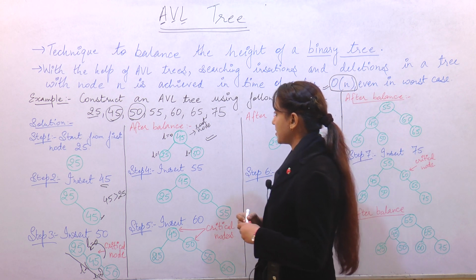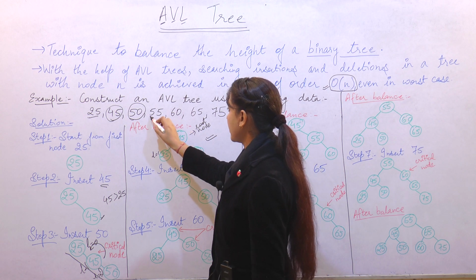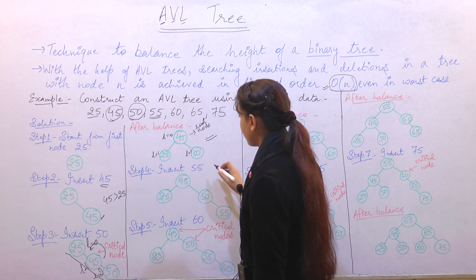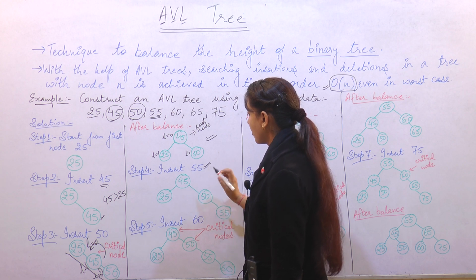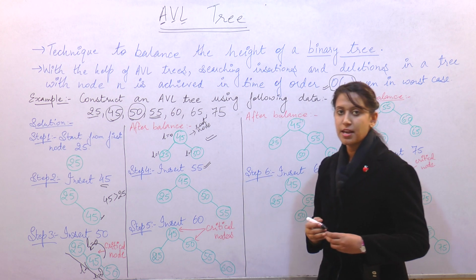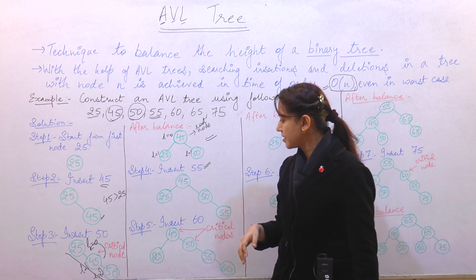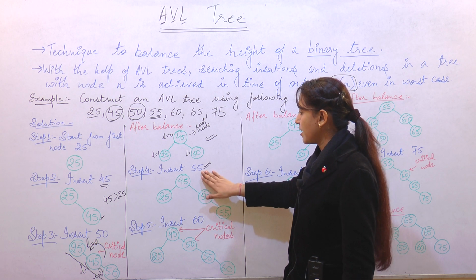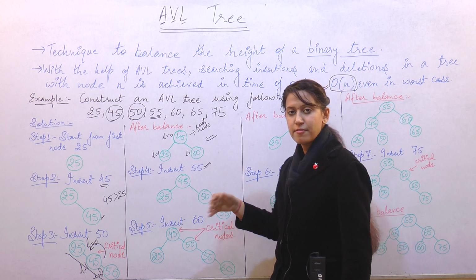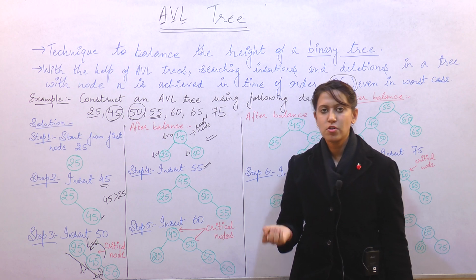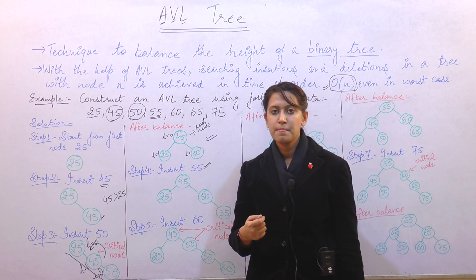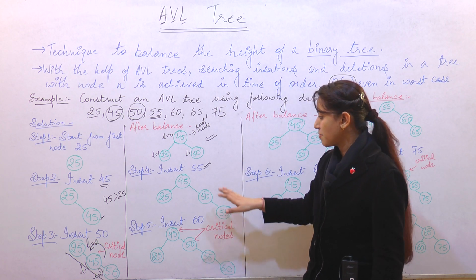So after inserting 50, our next element is 55. So we will insert 55. For inserting 55, we will again check the conditions: we will compare 55 with the already present nodes in our binary tree.